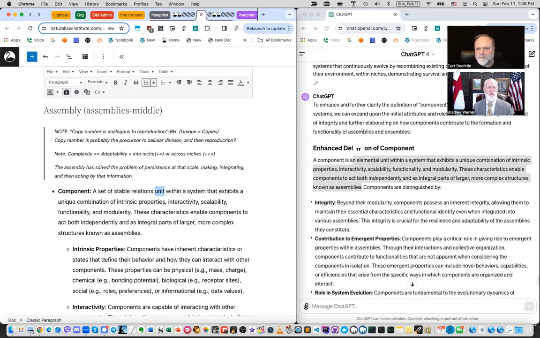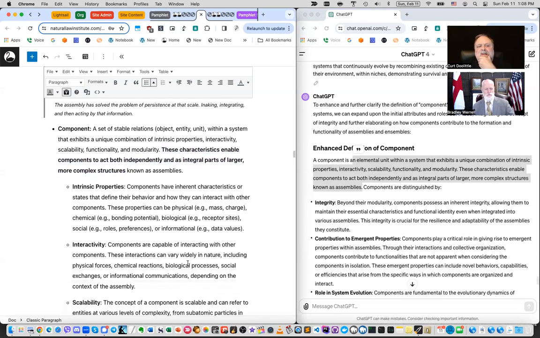We need a problem with this unit. It has to provide a function.